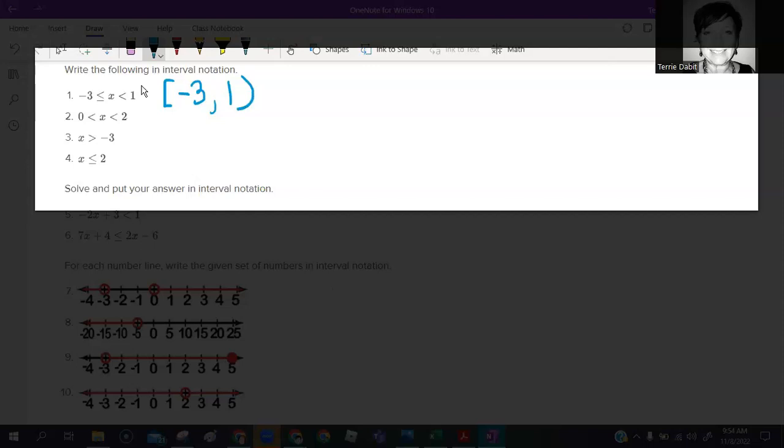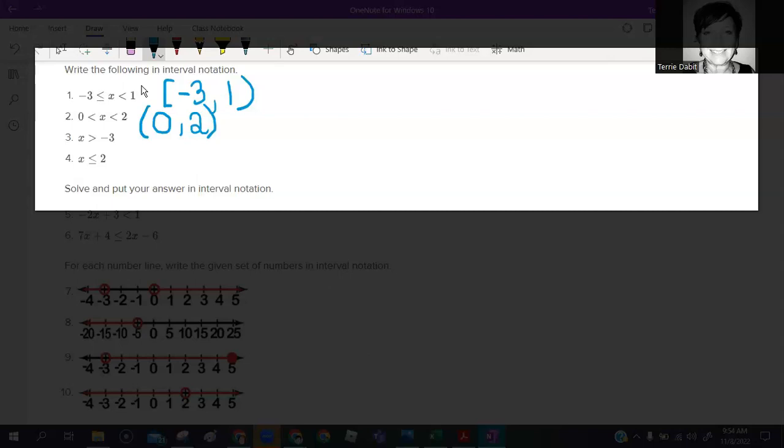And number 2, we're going to start at 0, end at 2. The 0 has less than, so that's a parentheses. The 2 has less than, so that will also be parentheses. You'll notice there's no inequality lines in this one.